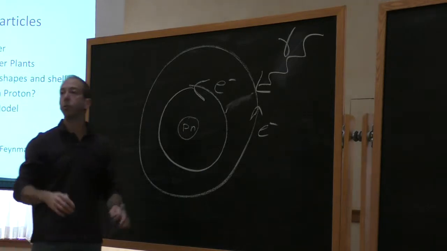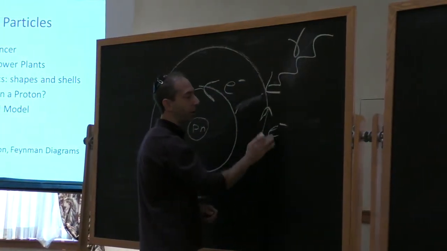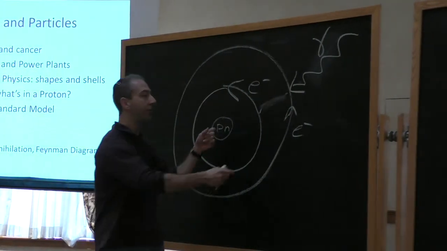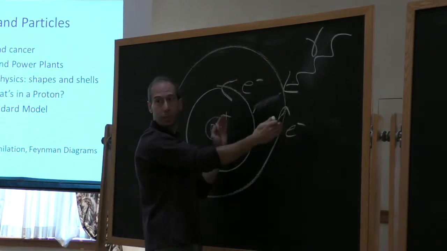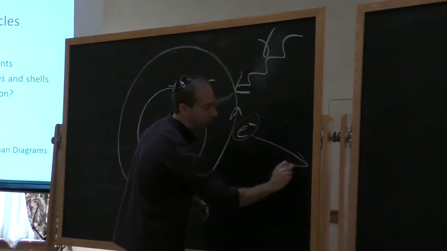If I have a photon with enough energy, then I can take this electron and free it from the atom. That energy is enough to overcome the attraction between the positive nucleus and the negative electron that's holding them together. If I have more energy than that, the electron is free to go and flies off.